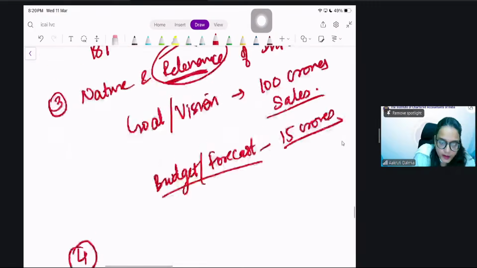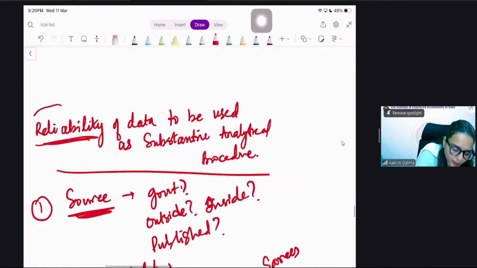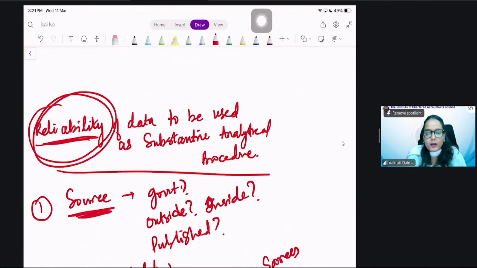Next, tell me this. Will the data be more reliable if the internal control system is strong? If the controls are strong, will the data be more reliable? So if the HR is giving me the salary sheet, if the HR is very strong, can I rely on the salary sheet they have given me?